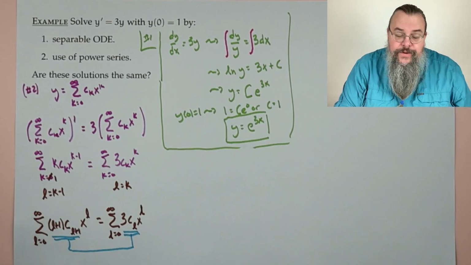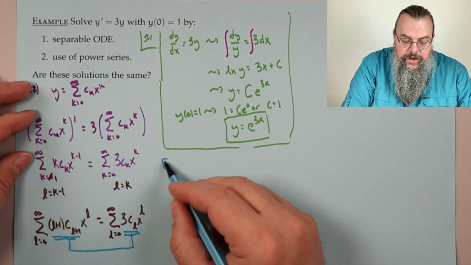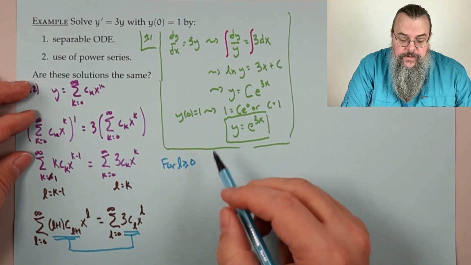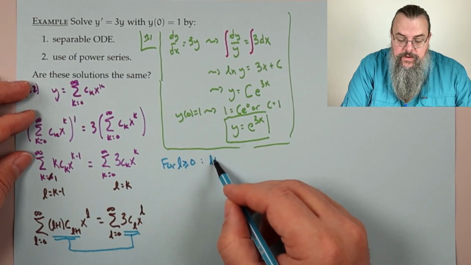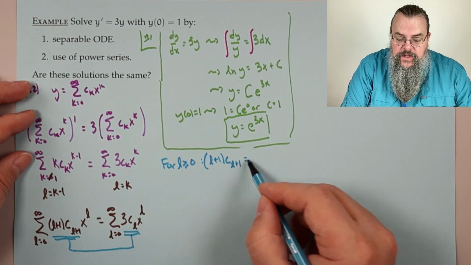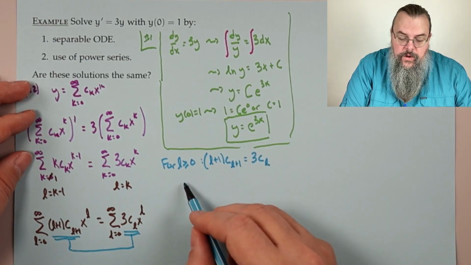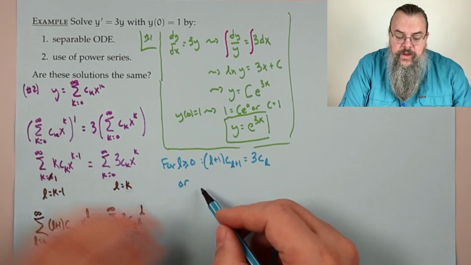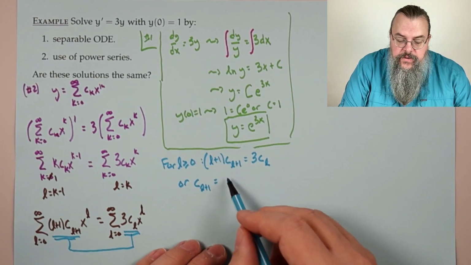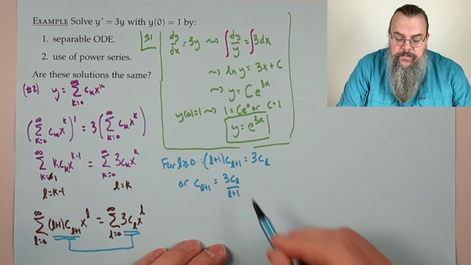So we can say that for L greater than or equal to 0, we have that L plus 1 times C sub L plus 1 is equal to 3 C sub L. Or, put another way, C sub L plus 1 is equal to 3 C sub L over L plus 1.